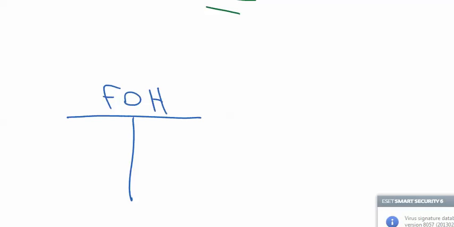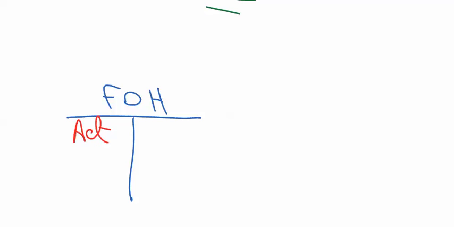If I have my factory overhead account, as I incur the costs associated with the factory overhead, I'm going to accumulate the actual costs over on this side, on the left side. And as we apply it, we're going to be crediting the account.